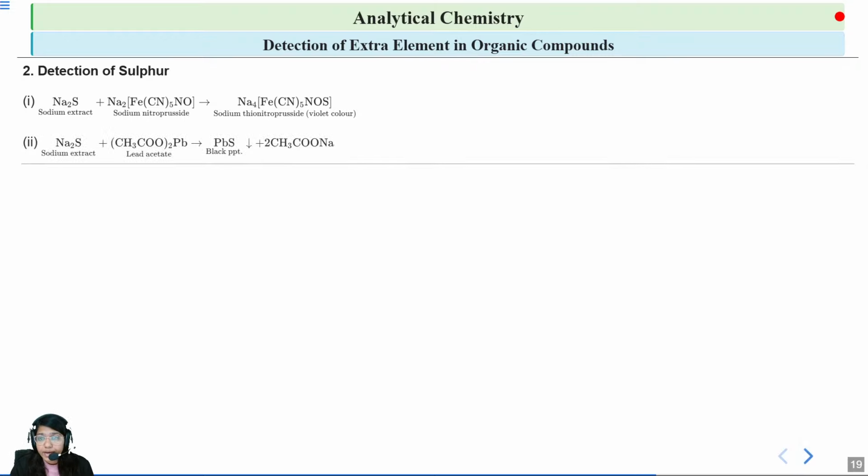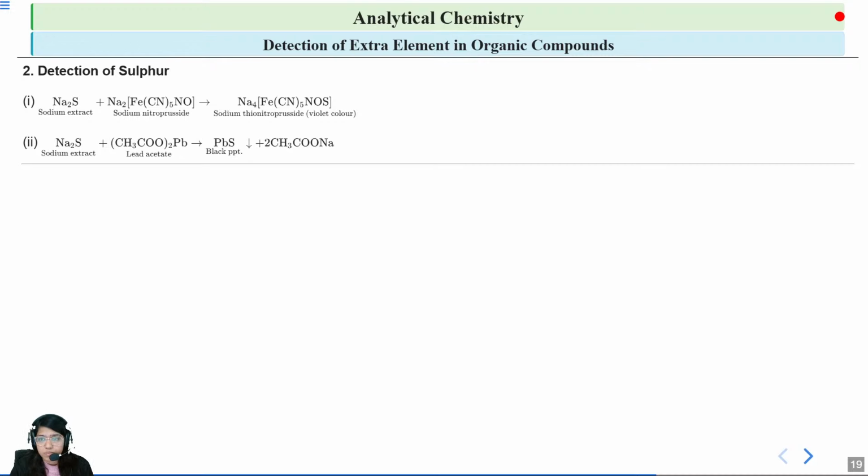Next, we have the lead acetate test for detection of sulfur. In this test, sodium sulfide, Na2S, reacts with lead acetate, (CH3COO)2Pb, to form a black precipitate of lead sulfide, PbS. Along with it, sodium acetate, CH3COONa, is also formed.